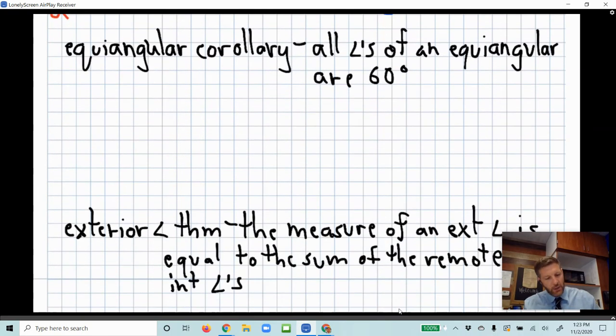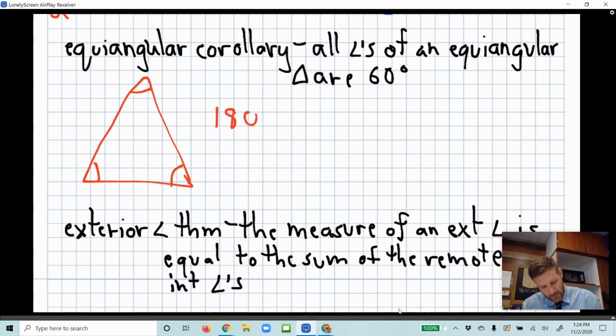Then we have the equiangular corollary. Because all the angles within a triangle add up to 180 degrees, that means all the angles of an equiangular triangle, oops, I should put that in there, are 60 degrees. If you have a triangle that's all equal angles, this and this and this, you know they have to all add up to 180, and so there's only one possible answer, because 180 divided by 3 is 60 degrees.